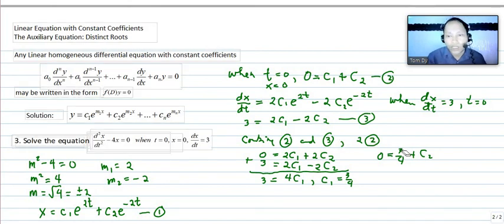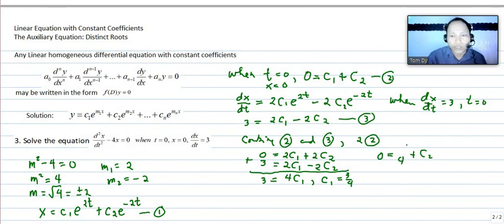Therefore, our c sub 2 equals, transferring 3 over 4 to the other side, negative 3 over 4. Therefore, we have our c sub 1 and c sub 2.